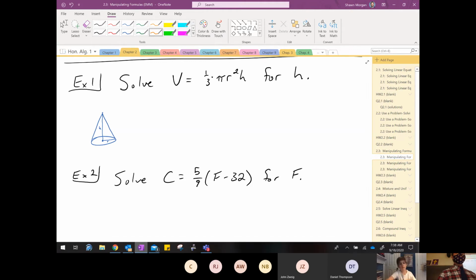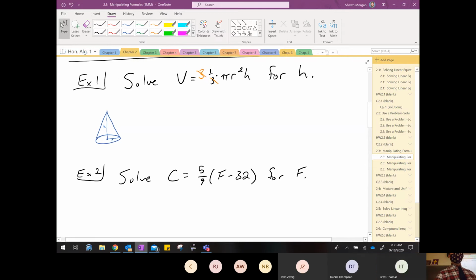Another way of looking at that is to say, oh, hey, just multiply both sides by 3, right? Because what's 3 times 1/3? 1, and we are fine with having a coefficient of 1. All right, so this one winds up being 3v equals pi r squared h.